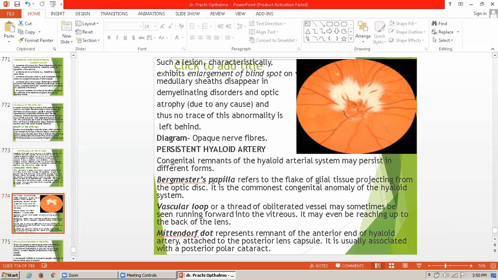Then persistent hyaloid artery. The congenital remnants of hyaloid arterial system may persist in different forms. Bergmeister's papilla refers to the flakes of glial tissue which project from the optic disc, and is the commonest congenital anomaly of the hyaloid system.